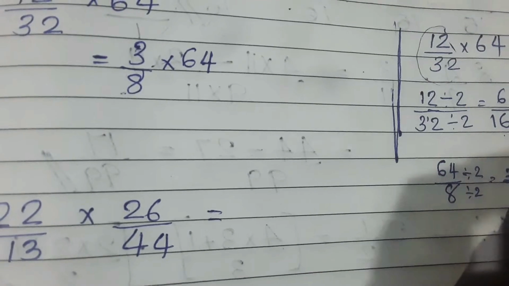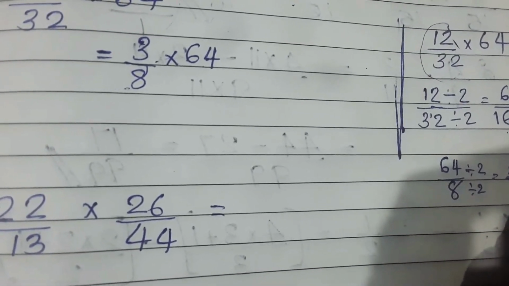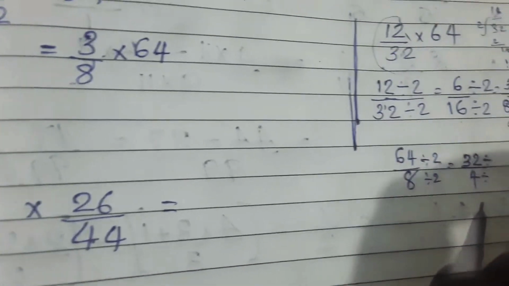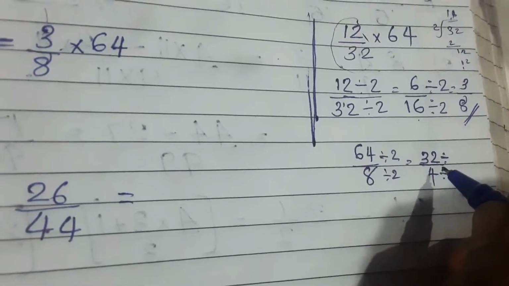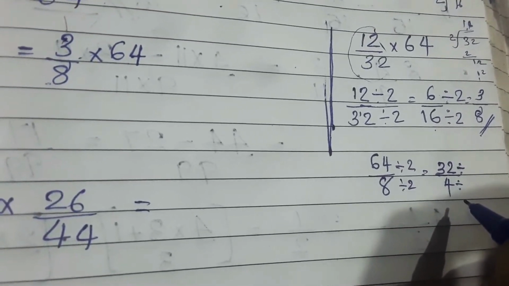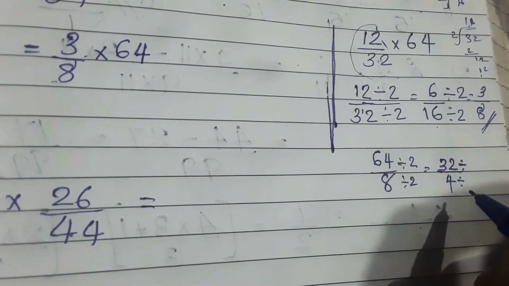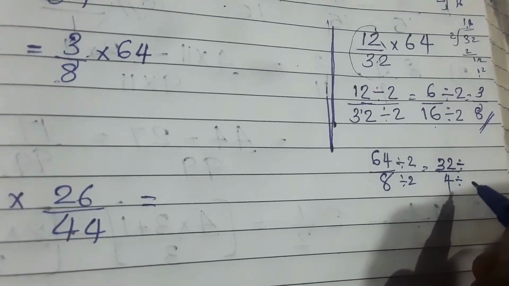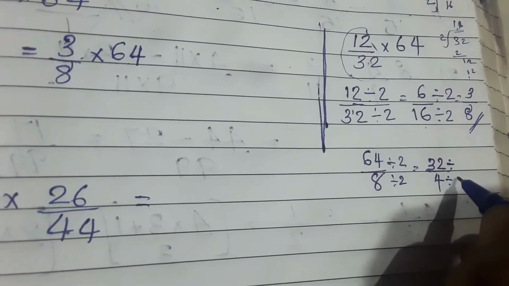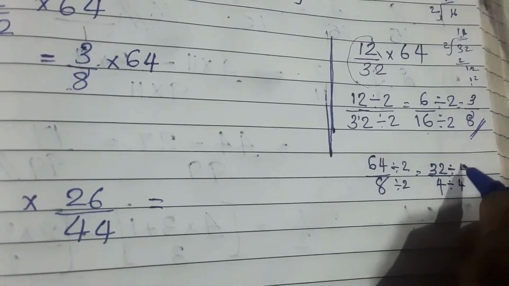Next you can divide 32 and 4. The below it is 4. So let's check, children. Does the number 32 come in 4's table? Yes? Yeah, 8 4s are 32, isn't it? So you can divide both numbers by 4 now.